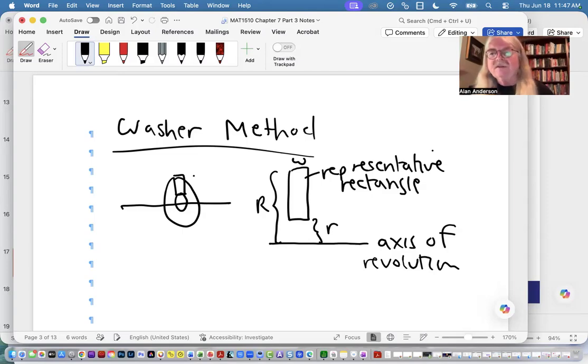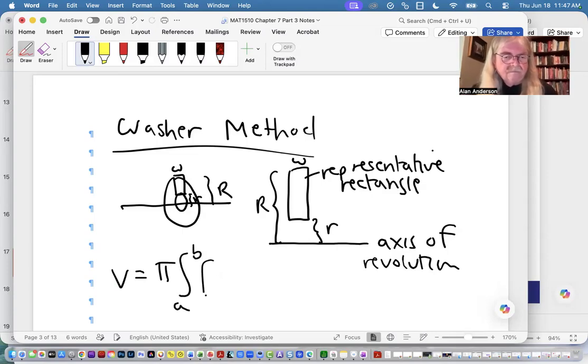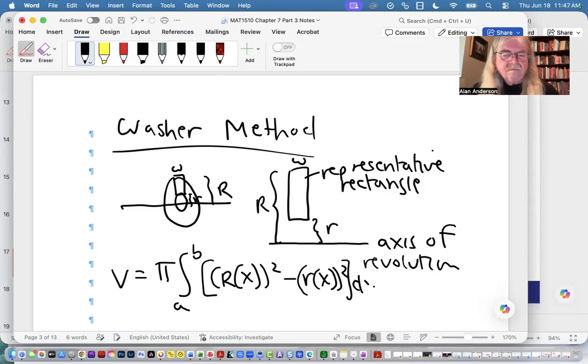This is supposed to be the result of spinning it around. This is the best I can do. So this stays as little r, this is capital R. They had a better graph in the slides, but anyway, so what you have to do here is this. So that was the washer method.